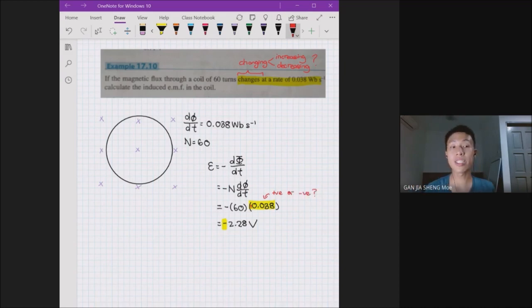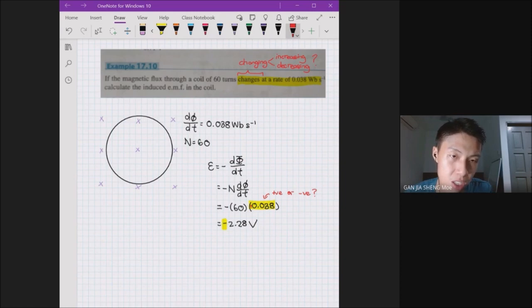Because we don't know whether it's increasing at the rate of 0.038 Weber per second or decreasing with a rate of 0.038 Weber per second. So there's a possibility that it's a positive answer, there's a possibility that it's a negative answer. What you're getting here is just the magnitude only.